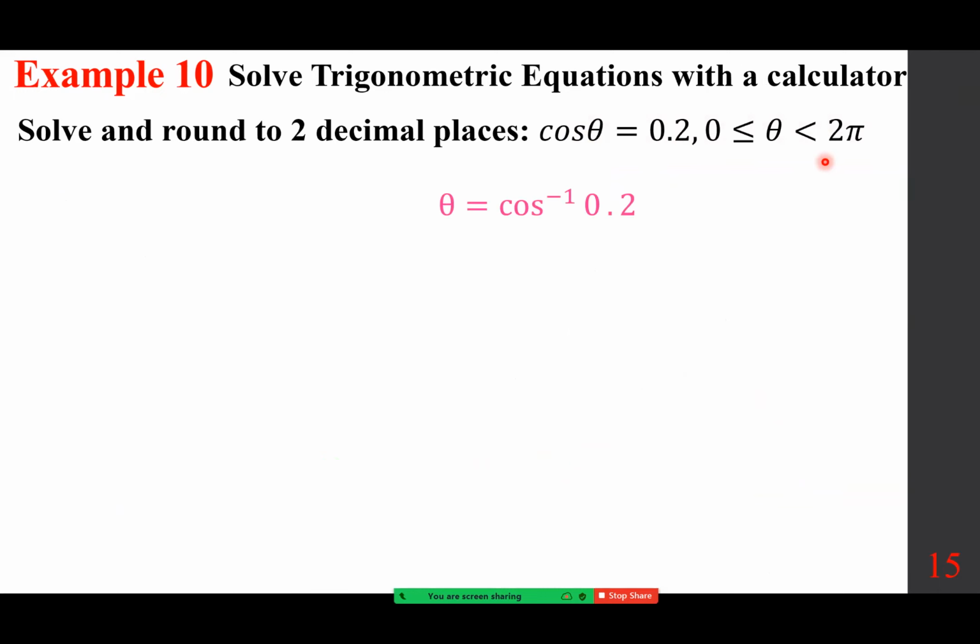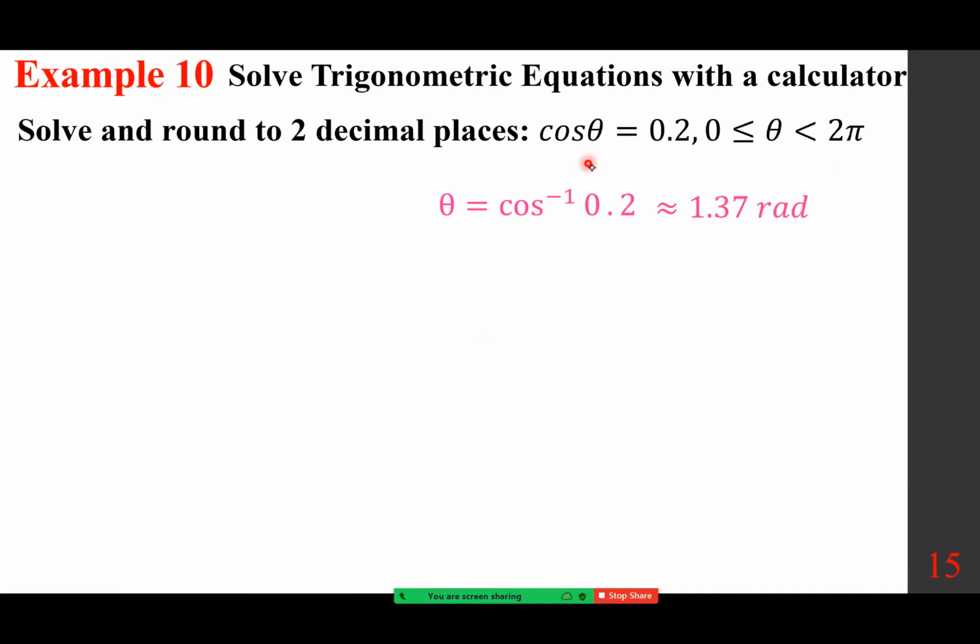So cosine inverse of 0.2, and we get 1.37. So this is in radians. And again, bear in mind that when you're looking at 0 to 2 pi, this is 0, this is pi over 2, this is pi, this is 3 pi over 2, and so on. So this is one answer.